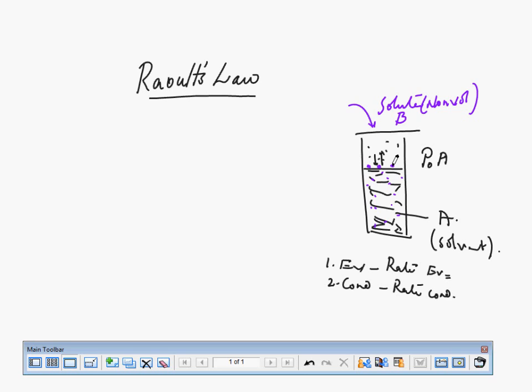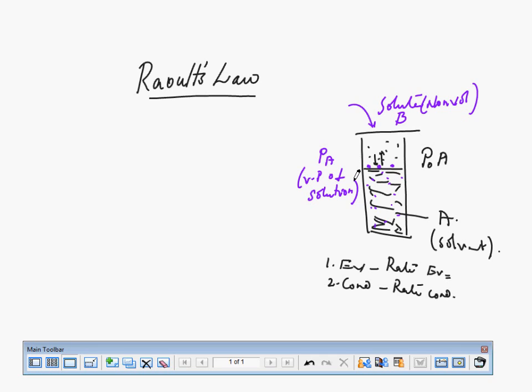Now we don't represent it as P0A, we represent it as P of A, because P0A is vapor pressure of pure solvent. So what is P of A? Vapor pressure of solution. Now, suppose you put more solute, what will happen to P of A? It will mask more of the surface.